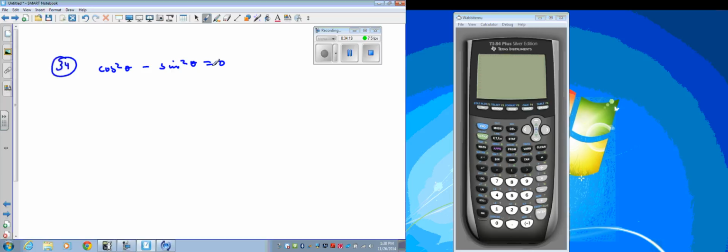What do you think? Use your trig identities. Could you do it either one of these two ways? Just substituting 1 minus cosine squared. You could do 1 minus sine squared for this one. Then just run your negative sign through.